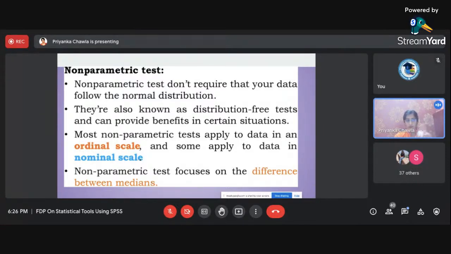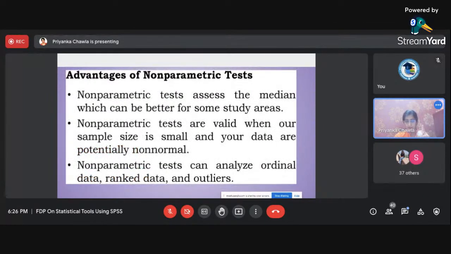I hope the difference between parametric and non-parametric test is clear. Now, what are the advantages of non-parametric test over parametric test? If you want to apply parametric test, you need large sample size. Non-parametric test can be applied on small sample size. And there is no need to convert data into normal data.